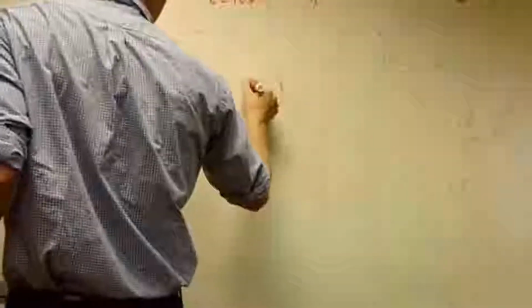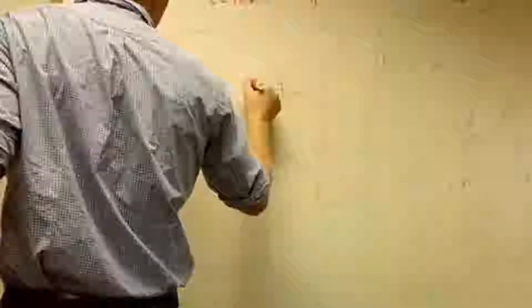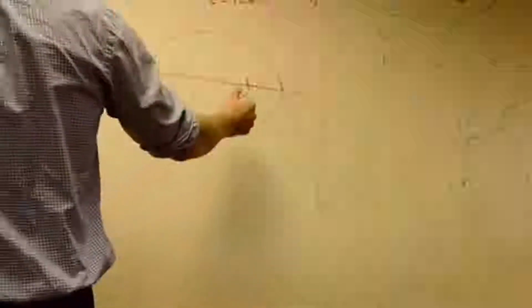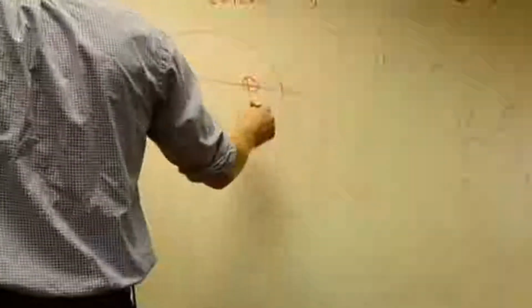It's going to be about that orbit. So let's draw a line through this real quick. Okay. So this is our focus, or this is our Earth at this point, right?